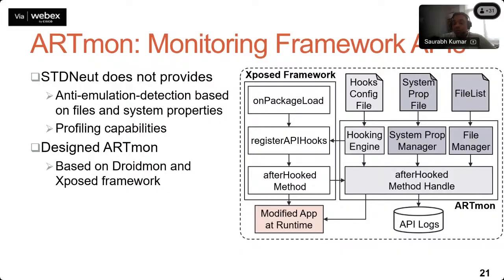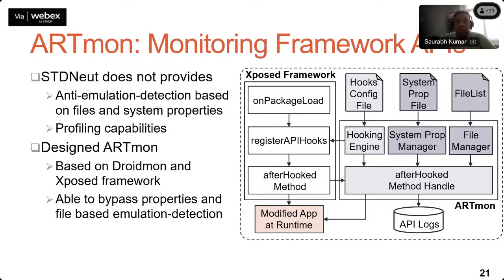Okay, so based on that, they can modify these things. So this is the Xposed framework based utility. You can learn about the Xposed framework, and based on that, you can create many utilities that you want. It can also profile framework level APIs. That is the main task for this.